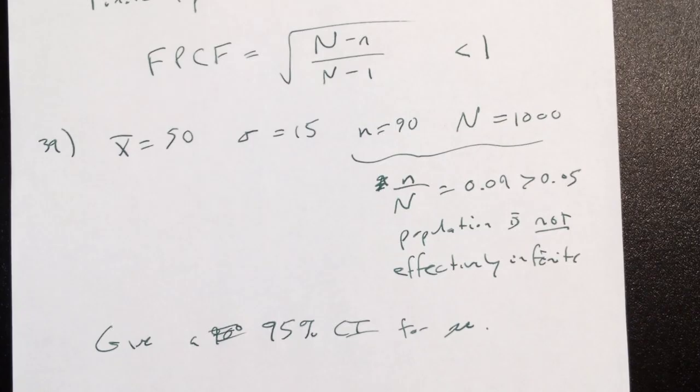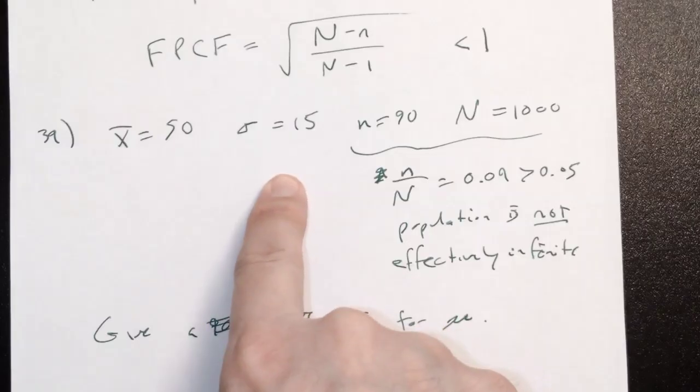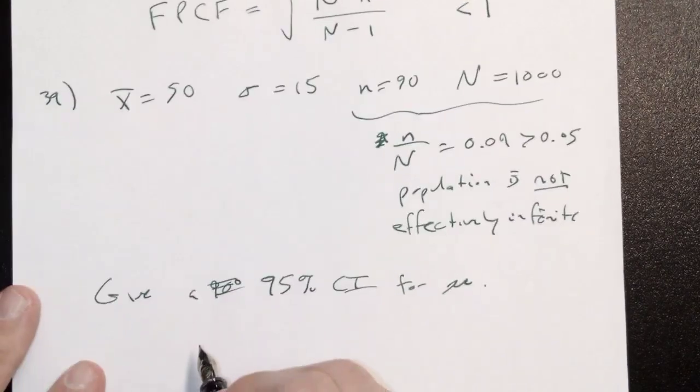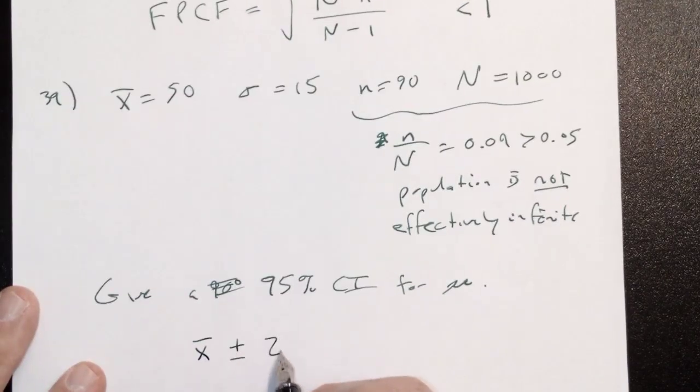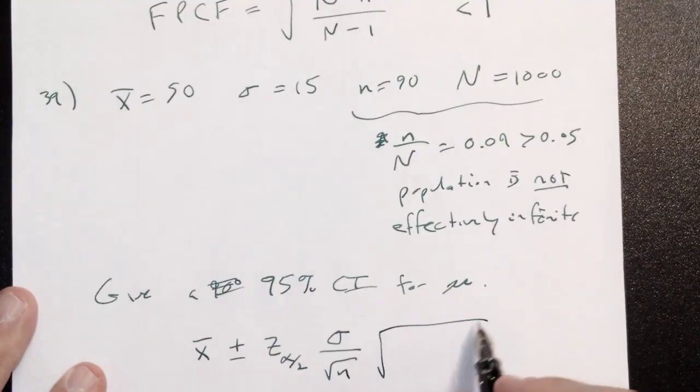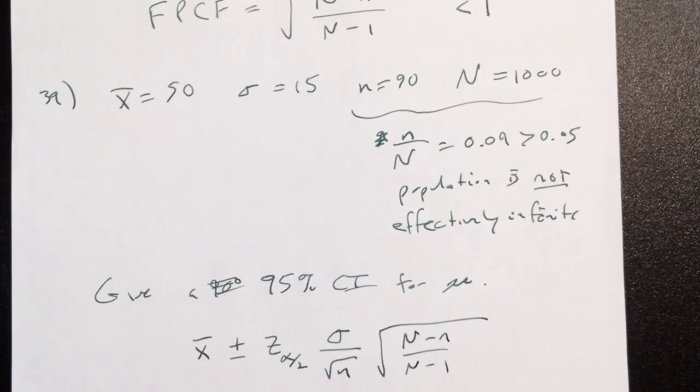The first one, because we know the population standard deviation exactly. Because that's a sigma, not an S. So I can use that first formula. So I take the average I was given, add or subtract Z alpha over 2 times the standard error. But since this is not an infinite population, I need my control factor.